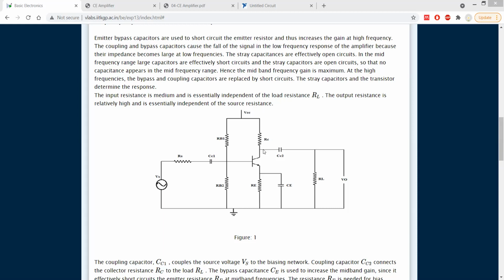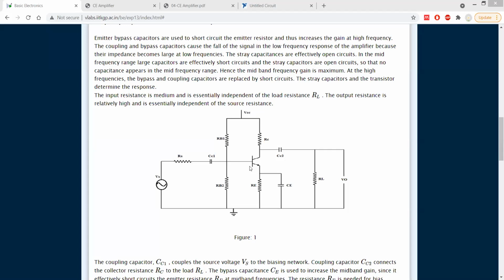Let's consider this amplifier will operate from 10 hertz to 110 kilohertz. Then the bandwidth will be 110 kilohertz minus 10 hertz.